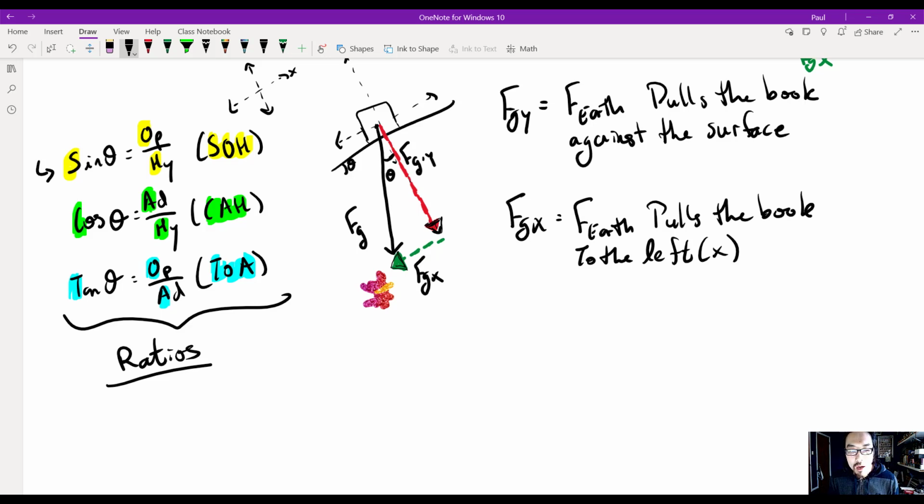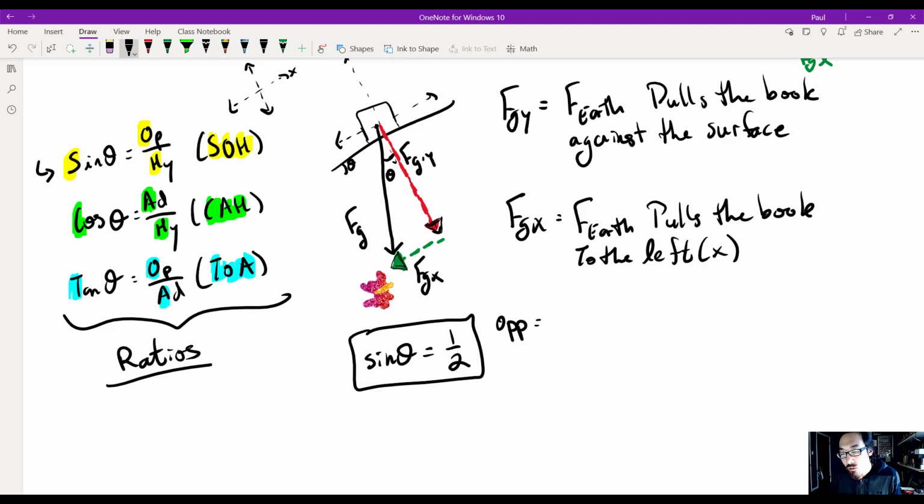For example, if our sine of theta gives us 1 over 2, that's our ratio. And let's say, because we're doing sine, we have an opposite length of 24 meters. Our hypotenuse length must be 48 meters, because the sine of the angle, which is 1/2, always has to give us a ratio of 1 to 2. So that's what sine, cosine, and tangent, SOHCAHTOA, simply means: a ratio.